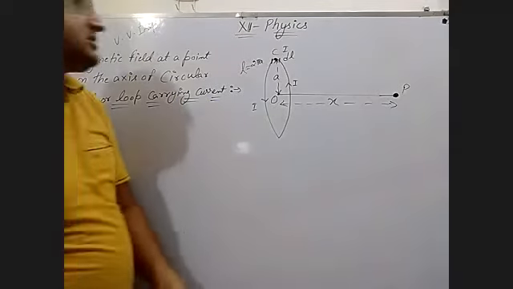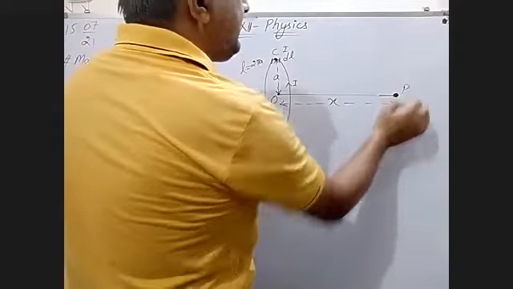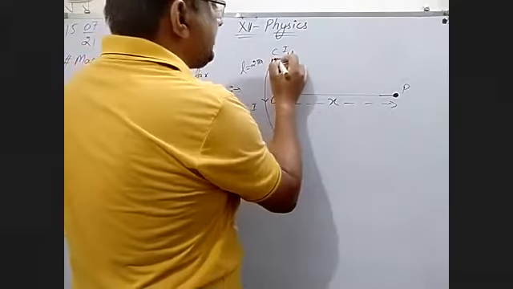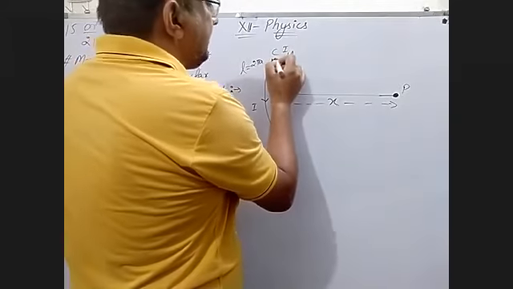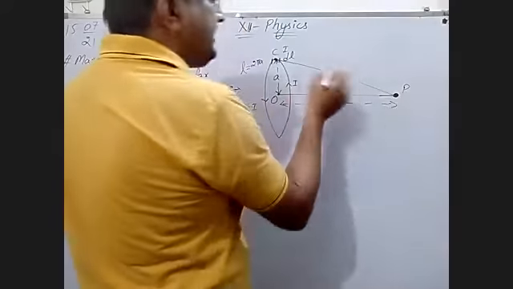Okay. Suppose this is the part which creates magnetic field at point P. In this way, because of the current, from there a perpendicular you can take in this way.